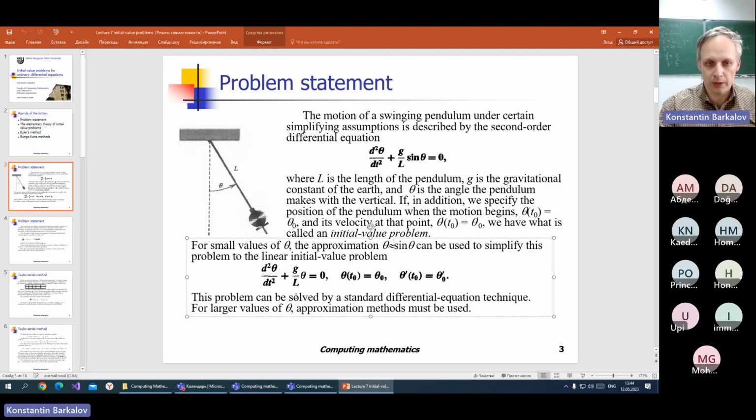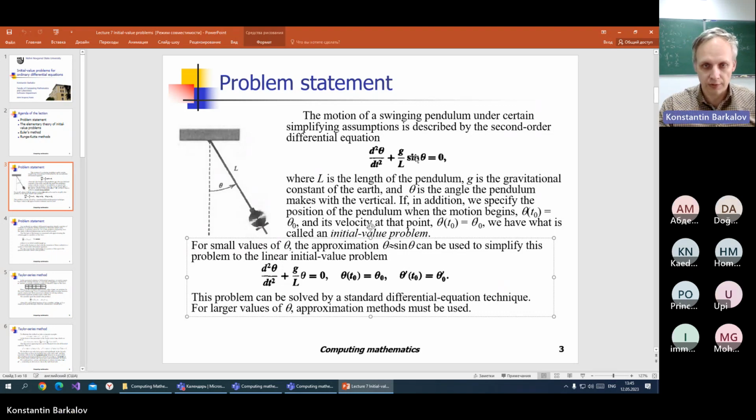This second problem can be solved by standard differential equation techniques. But this first problem cannot be solved. Nobody knows a standard technique to find the exact solution to this problem.